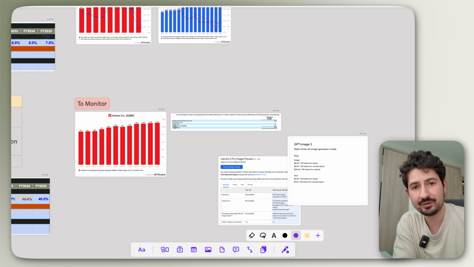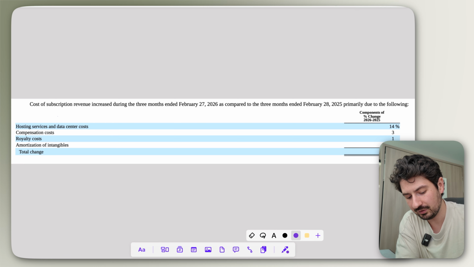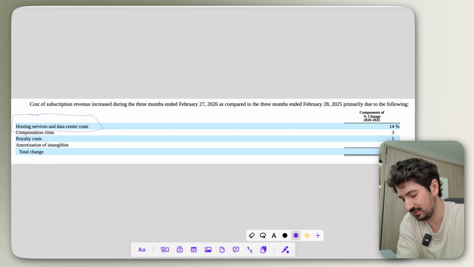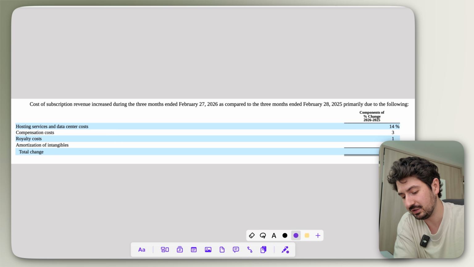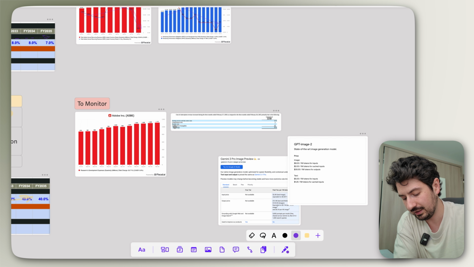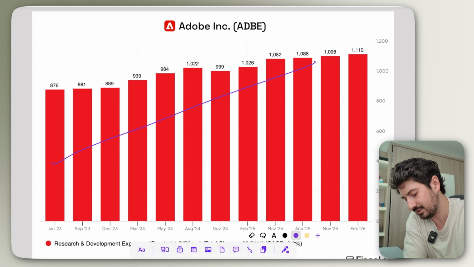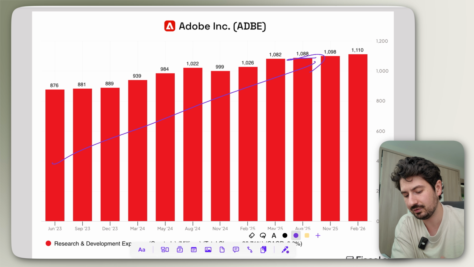Metrics that we'd want to monitor here to understand if the bull case is happening is first and foremost Adobe's hosting services and data center costs. In Q1 of FY26, this cost went up 14% versus the prior year's Q1, which is really significant. And if that continued, I would be worried, as well as Adobe's R&D expense, to see if that continues to go up, as they may need to spend more in order to increase their AI capabilities and stay competitive in the marketplace.